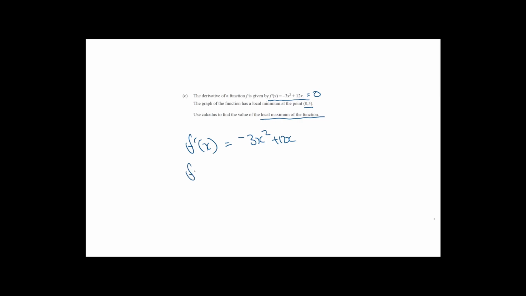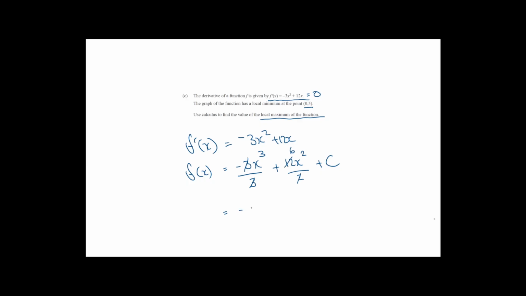So therefore, when we integrate it to find f of x, the -3 stays there, the x stays there, we grow 1 in the exponent, and we have to divide by that. And the 12x stays there, the 1 becomes a 2, we have to divide by 2, and we add a c. So they're going to cancel. So that's going to go to 6.